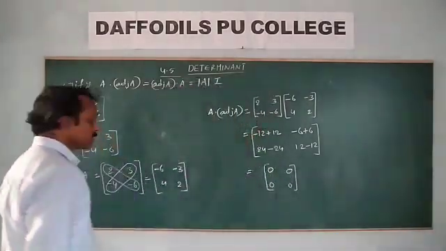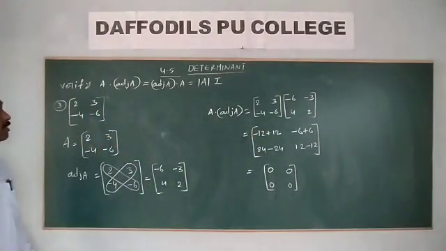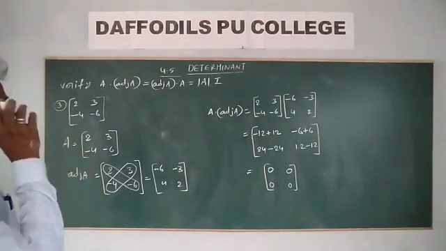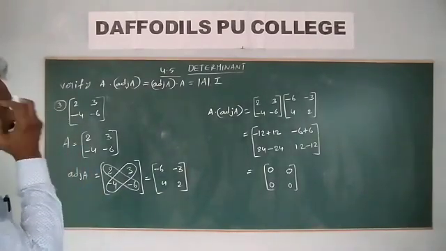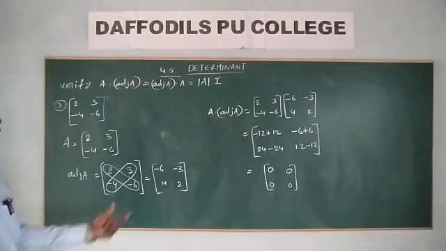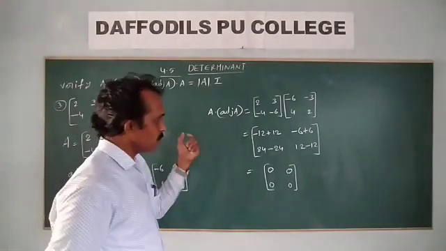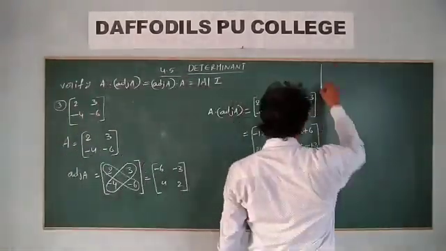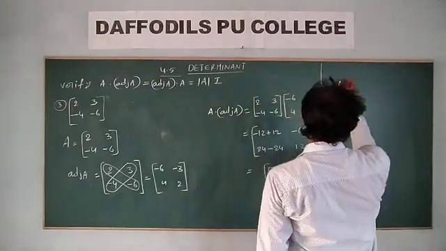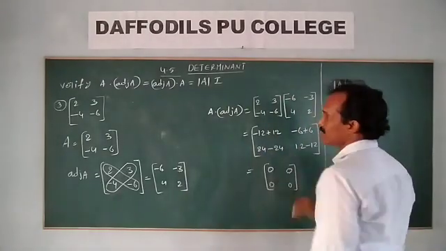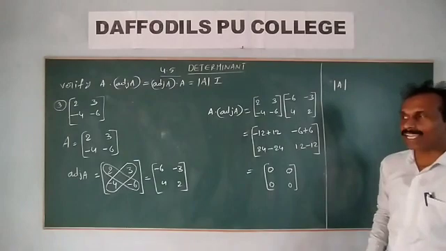We got the answer. A into adjoint A is equal to the zero matrix. Now let us check what det A is.